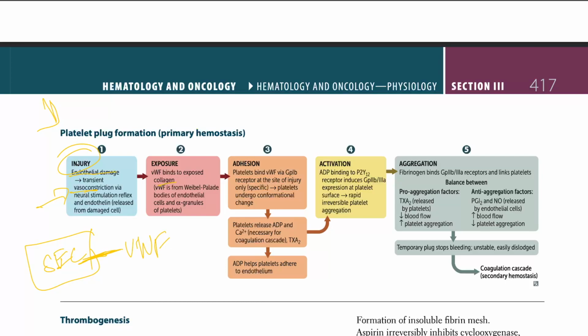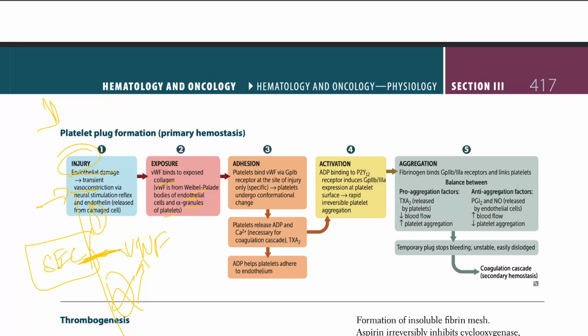It's going to bind to the exposed collagen. Von Willebrand factor came from where? From the Weibel-Palade bodies of the endothelial cells and the alpha granule of the platelet. So just think about it this way: these endothelial cells, they get damaged, they release von Willebrand factor, and that von Willebrand factor attaches to subendothelial collagen. Okay, that's the exposure.